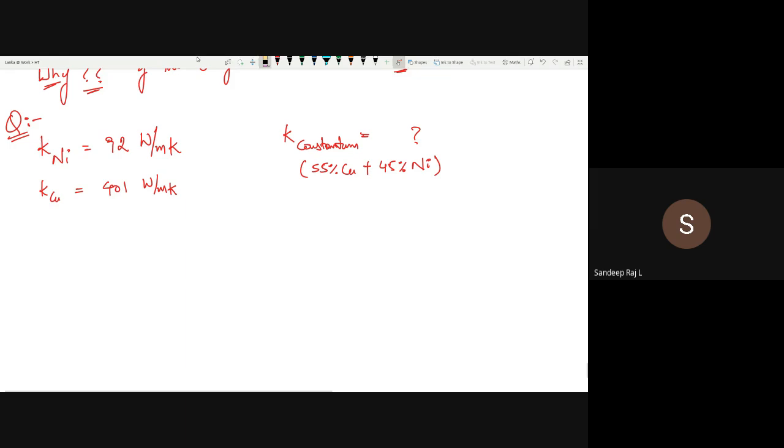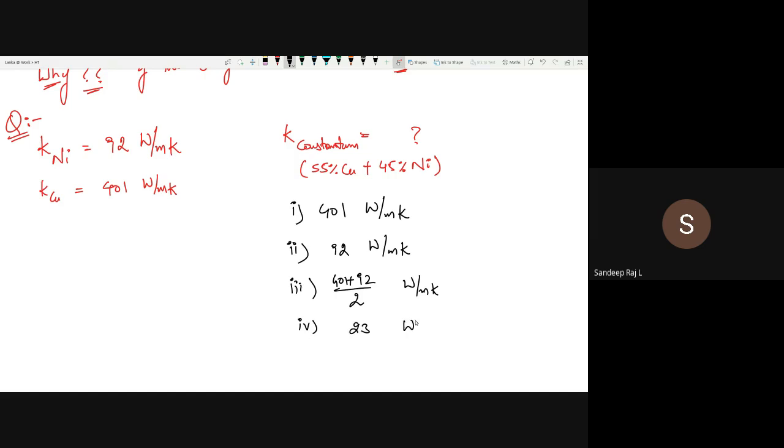You have options here. 401 watt per meter Kelvin, the second option is 92 watt per meter Kelvin, the third one is 401 plus 92 by 2 watt per meter Kelvin, that is the average, and the fourth one is 23 watt per meter Kelvin. Please tell me what is the right answer here. 23 is the right answer. All these others are wrong. So the right answer is 23.